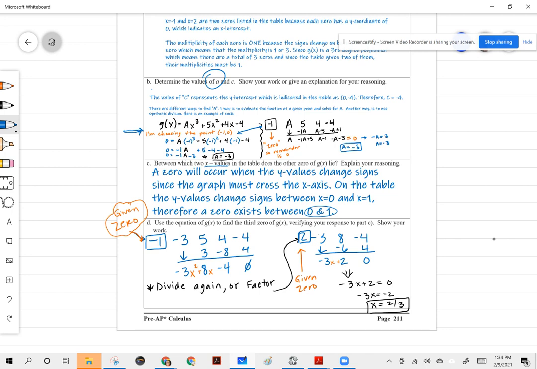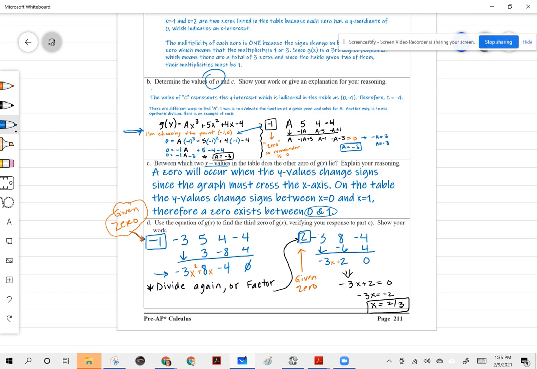Then you get down here, and you can divide again, or you can factor. If you wanted to factor that quadratic equation, you can. Since you already know the other zero, it makes it a little bit more efficient to either synthetically divide or know that that's my other factor.